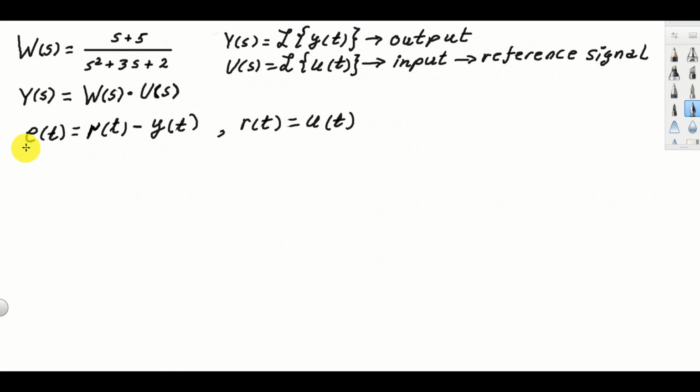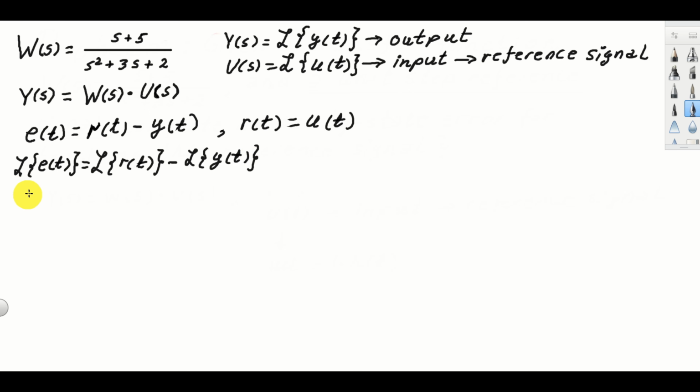Now, if we apply the Laplace transform to this equation, we will obtain Laplace transform of E of t is equal to a Laplace transform of R of t minus Laplace transform of Y of t.